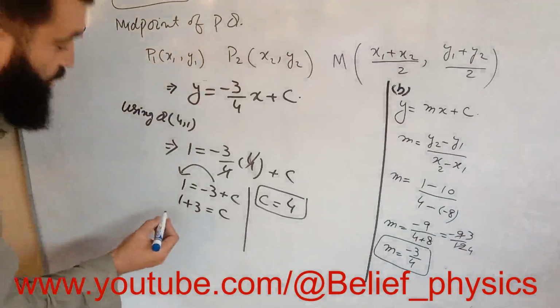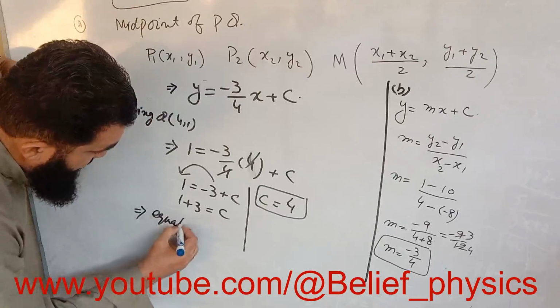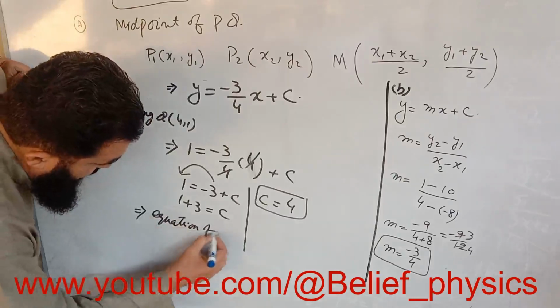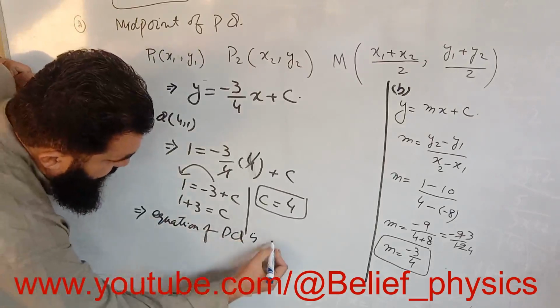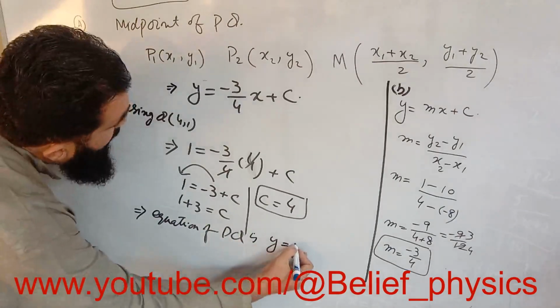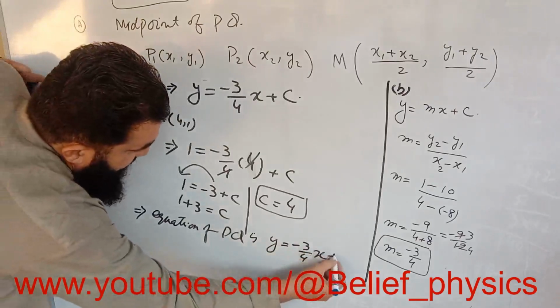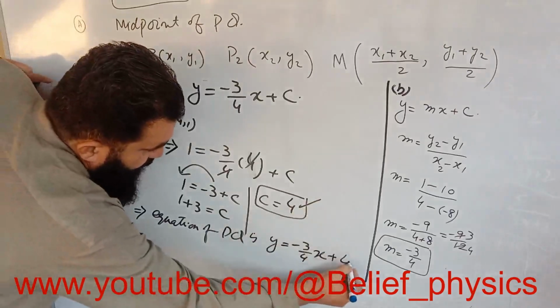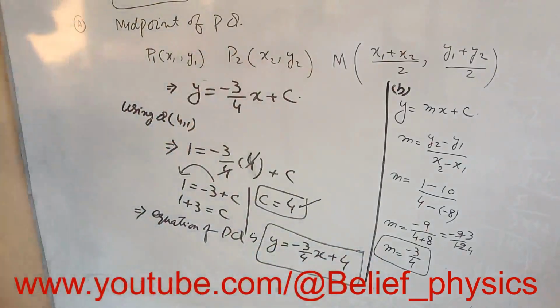Therefore, the equation of PQ is y is equal to minus 3 over 4 x plus 4. So this is the equation of PQ.